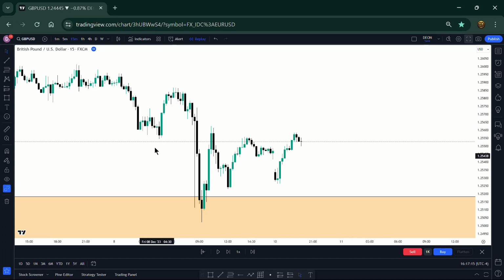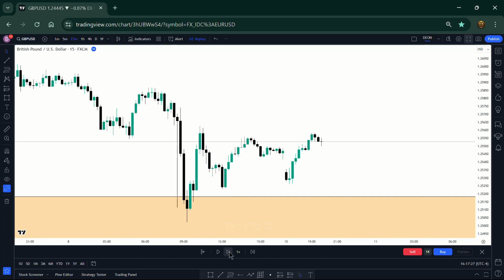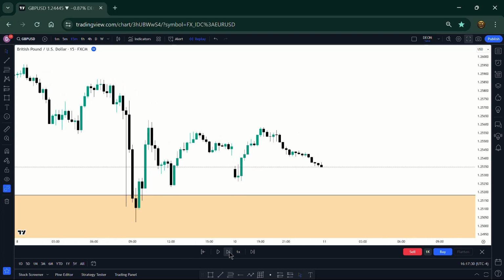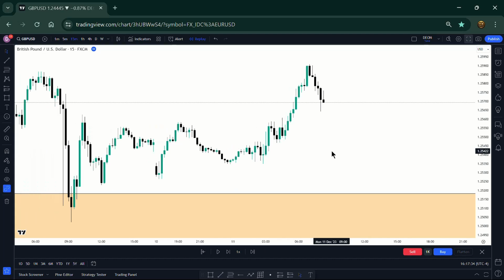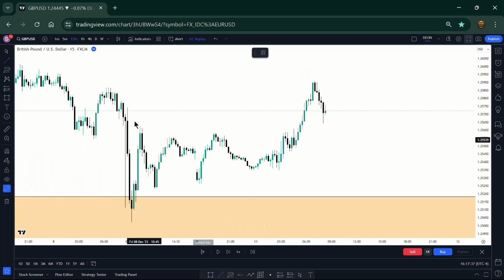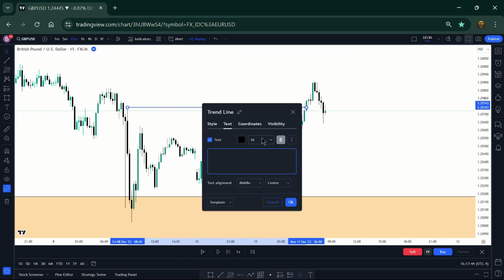And then the market came down with this 8:30 candle, and that is your last high. So let's move it and see if it makes a change of character. Okay, looks like a change of character was made right here. That's your chop.